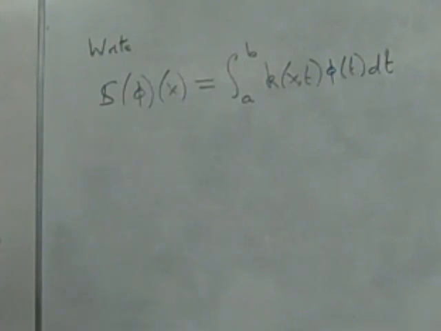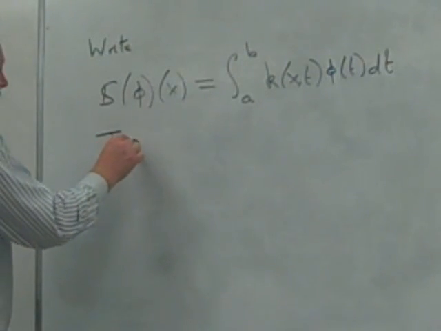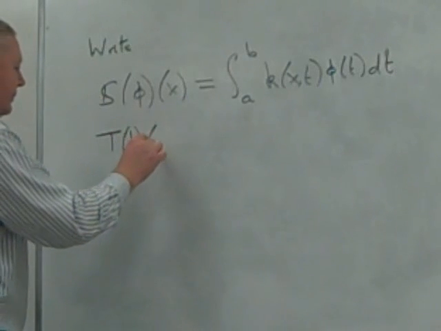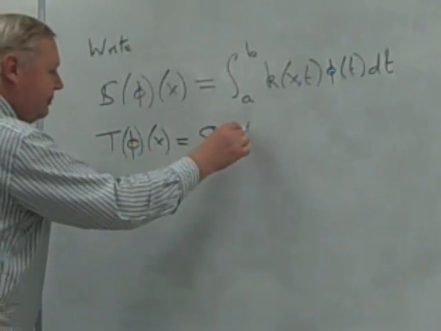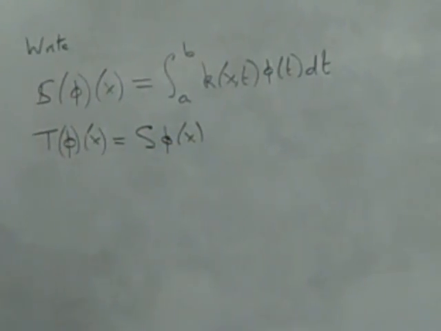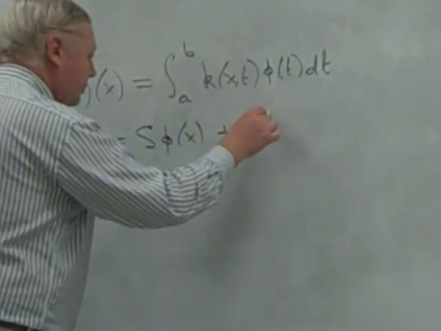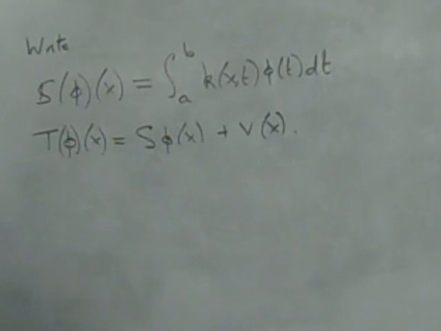And so the relationship is that T at phi is S applied to phi plus the extra function on the end.